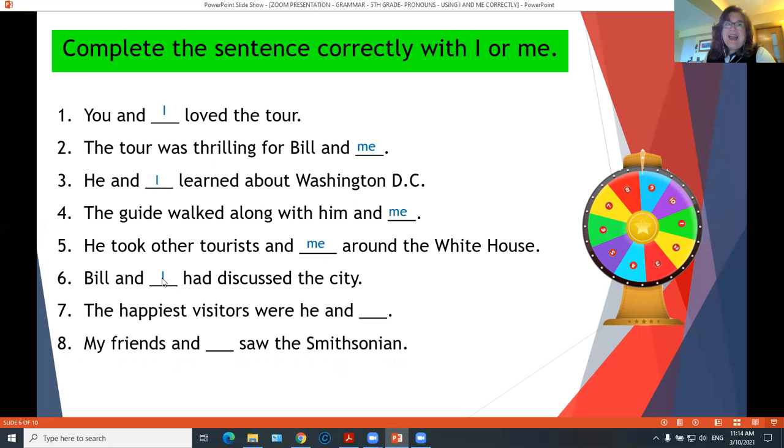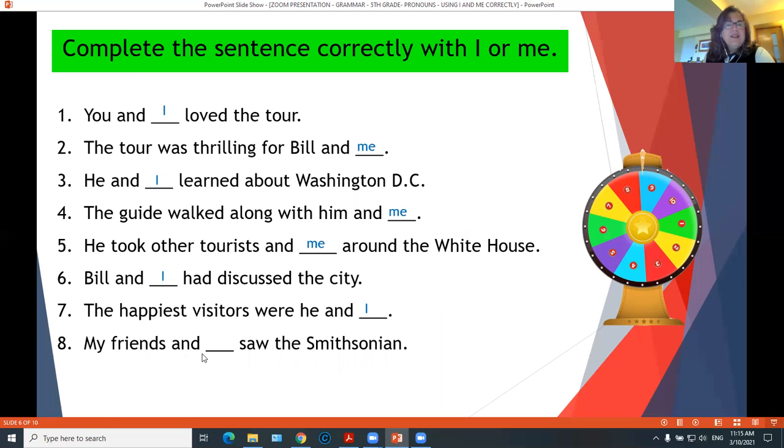Bill and I is the compound subject in this case. Number 7, "The happiest visitors were he and _." We have to decide whether to put I or me, and be careful because we have the verb be here. So if we have the verb be, we use I. So it's the happiest visitors were he and I.